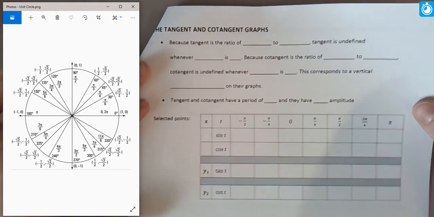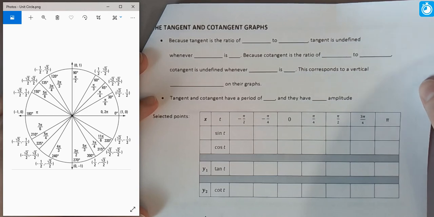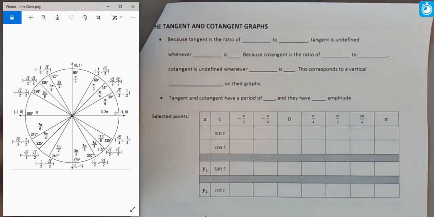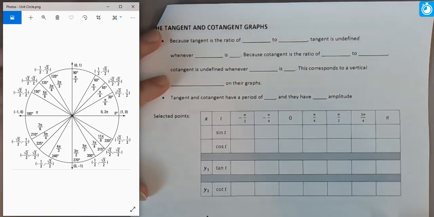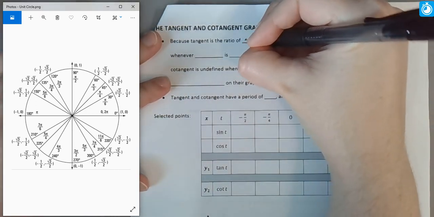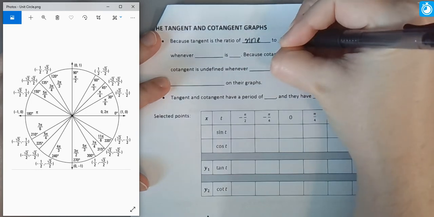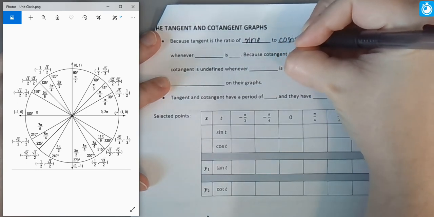So now let's talk about tangent and cotangent. So secant and cosecant are related to sine or cosine, one or the other. Tangent and cotangent require us knowing both values at the same time. So tangent is specifically defined as the ratio of sine to cosine.